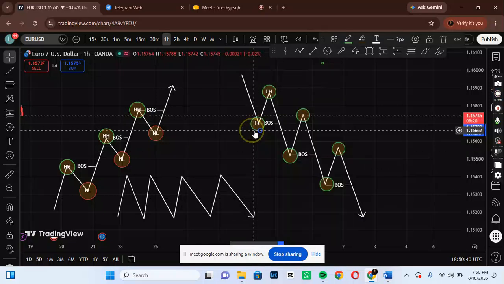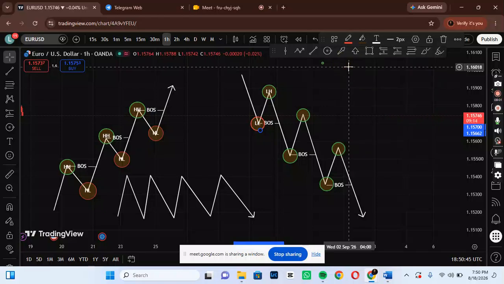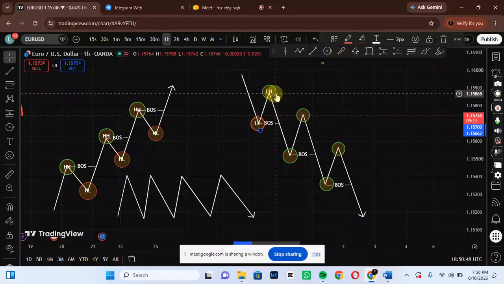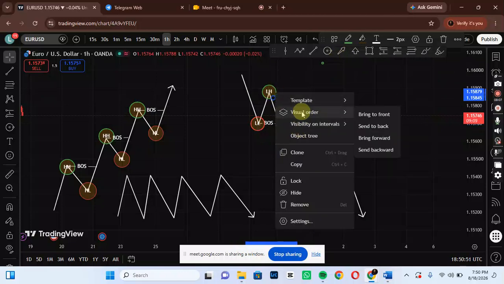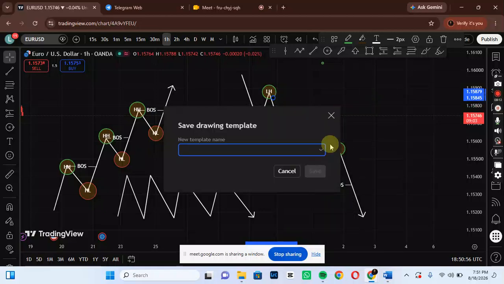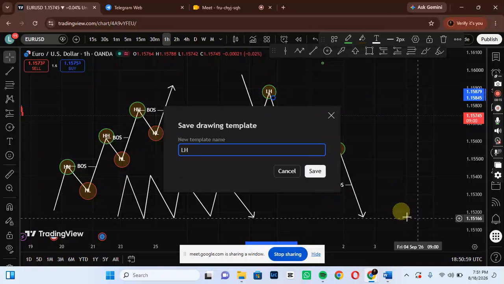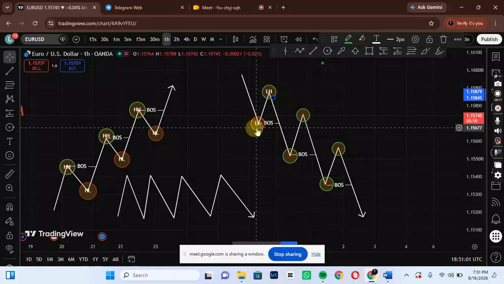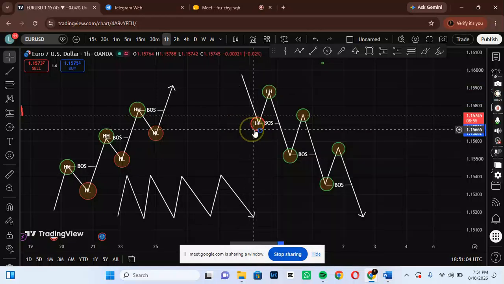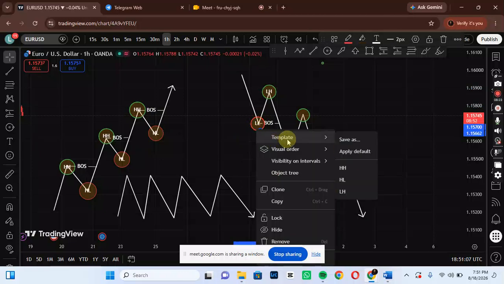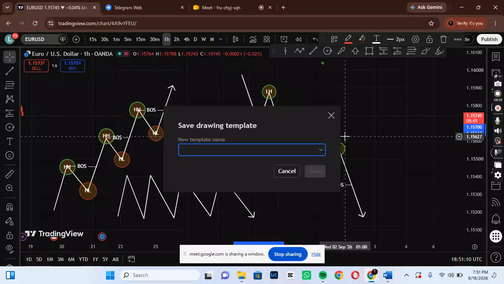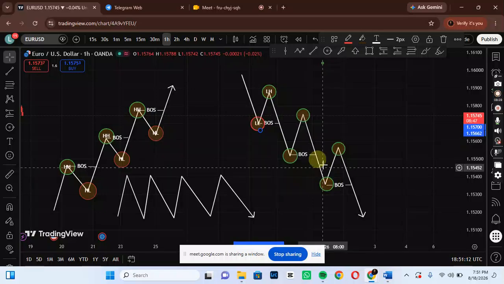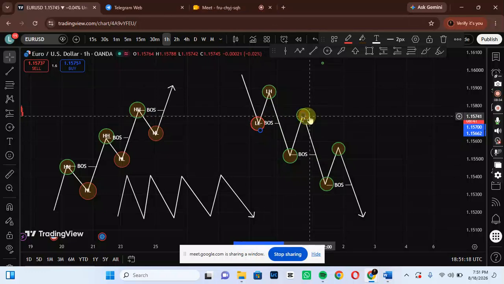I think I should change this color to red. So I'm going to save this. I'm going to save this one too. So here we have our lower low. I'm just trying to correct this.